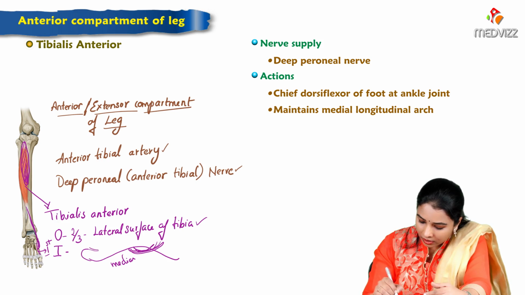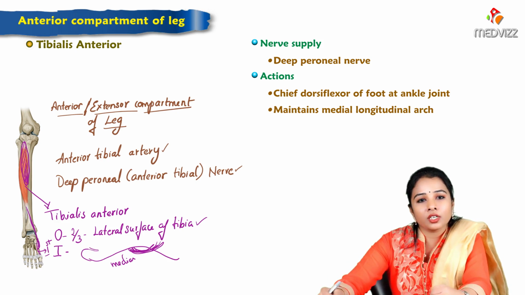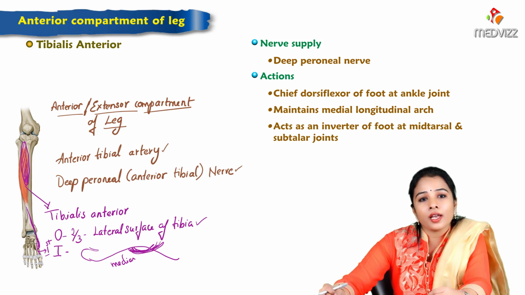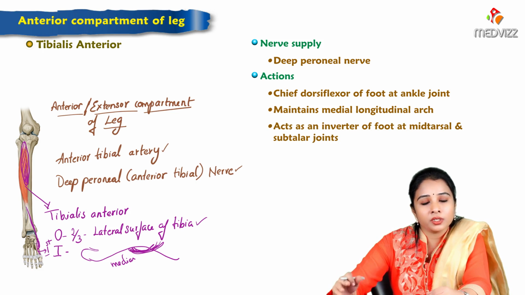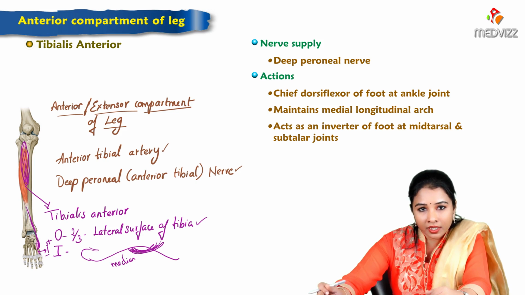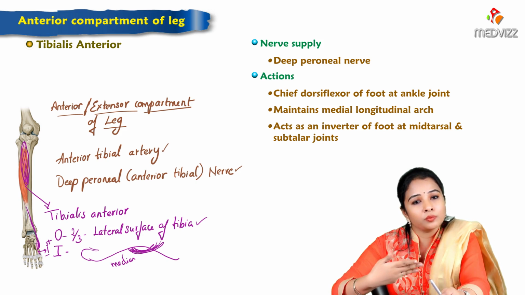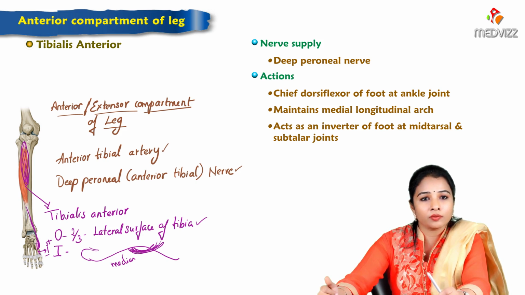As it lifts the medial arch here, it maintains the medial longitudinal arch, and it also acts as an inverter of the foot, meaning it helps in inversion of the foot at the subtalar and mid-tarsal joints. Inversion of the foot won't happen at the ankle; it happens at the subtalar joint. So tibialis anterior helps in the inward movement of the foot, which is called inversion.